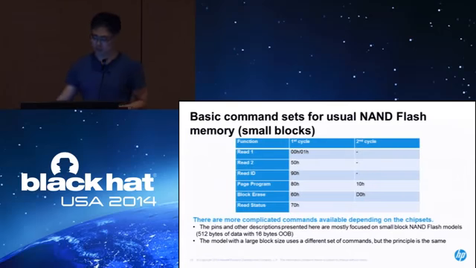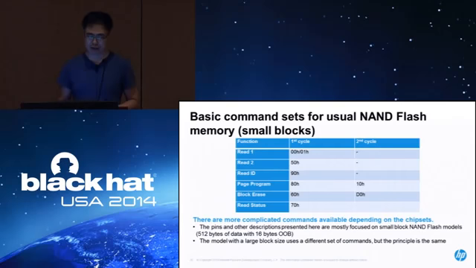These are the basic commands from the NAND flash side. This can differ between every NAND flash brand, but these basic commands are very common between every brand. For example, there are read operations. There are 3 different commands.